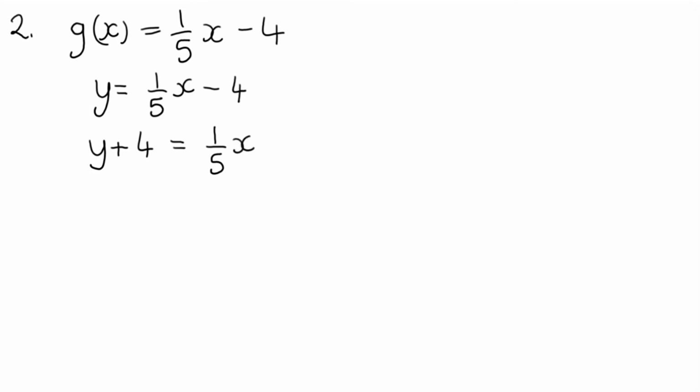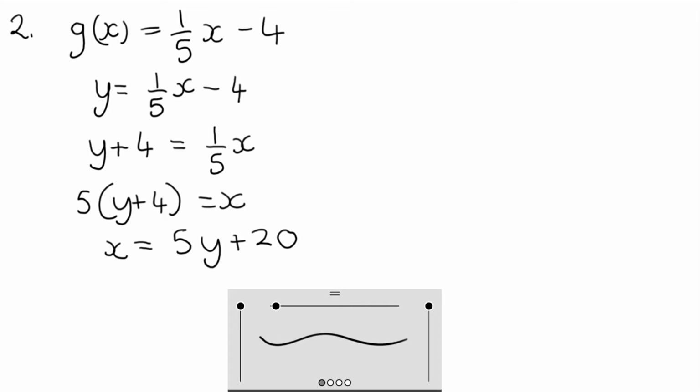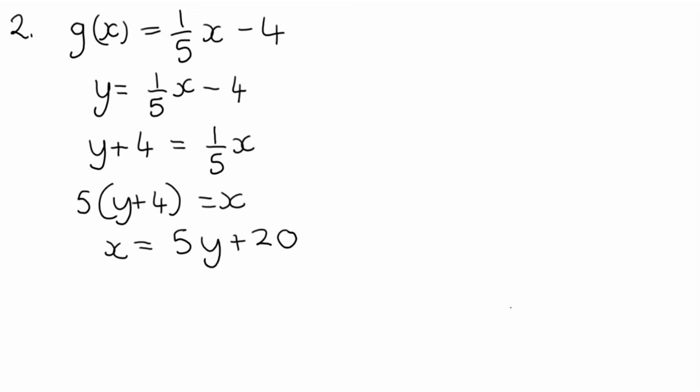Then I want to multiply my 5 up with everything on the left, and that'll tell me what x is. So x equals 5 bracket, or sorry, we'll multiply out the 5 through the bracket, so 5y plus 20. And that's us nearly done.